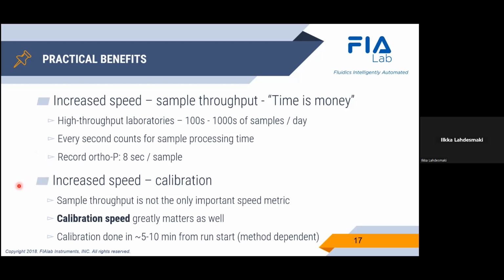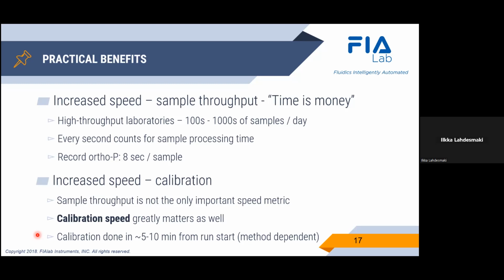We also discussed the increased calibration speed, where FIA can get a calibration done in 5 to 10 minutes. This is an aspect where we tend to hear comments less from lab managers, but almost always from lab analysts, because it's a tremendous benefit for their everyday operations.